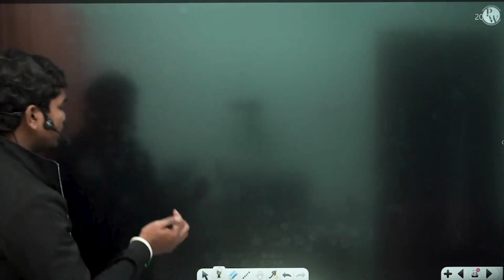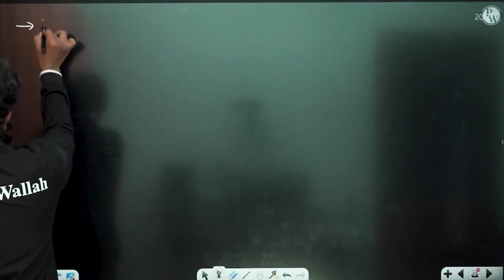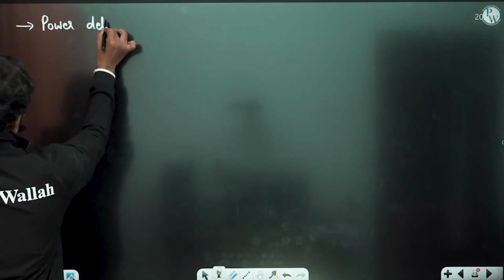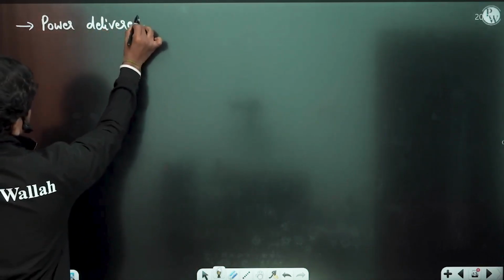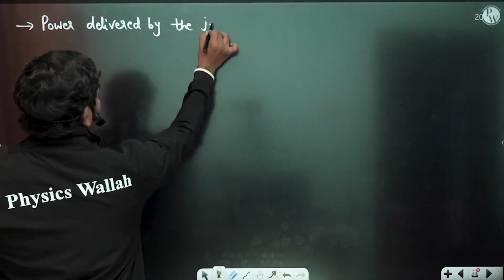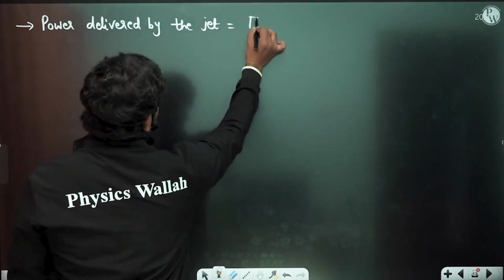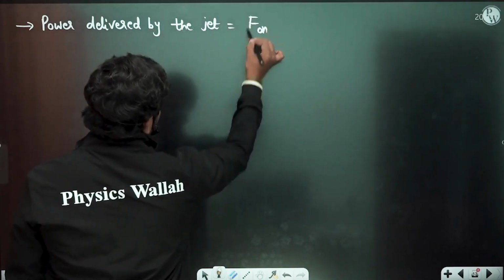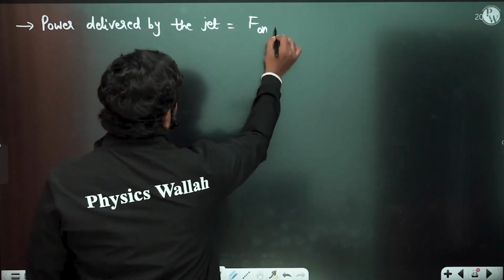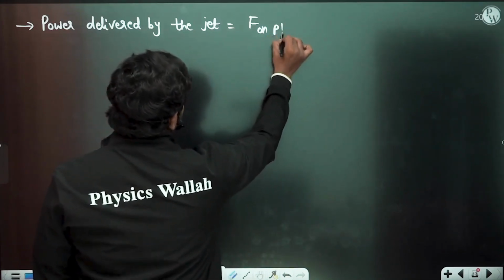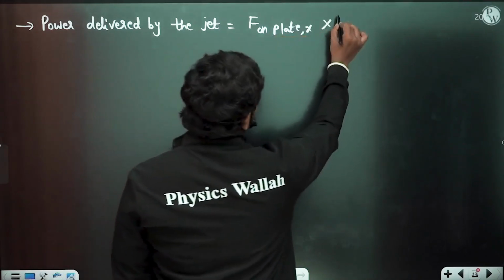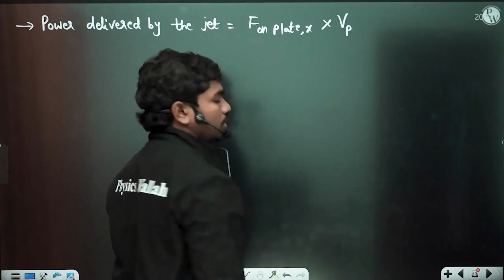Power delivered by the jet is equal to F on plate, of course the motion is only in the x direction. So the force on the plate in the x direction multiplied with the velocity of the plate in the x direction, which is nothing but Vp.